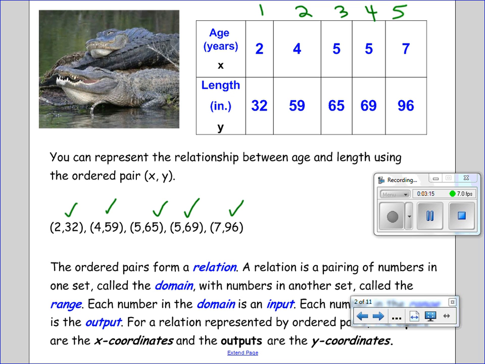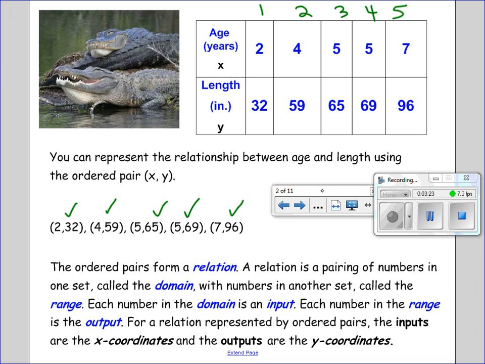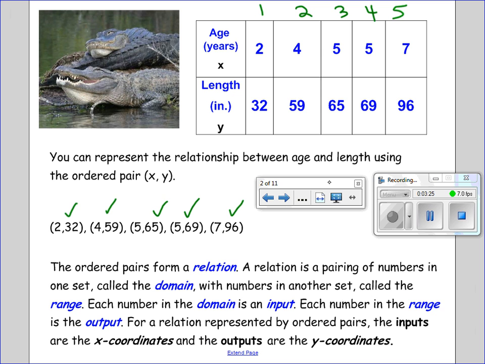Now, looking at this relationship, we need to determine, is this a function or not? In this example, it is not considered a function. The ordered pairs form a relation. A relation is a pairing of numbers in one set called the domain with the numbers in another set called the range. Each number in the domain is the input. Each number in the range is the output.